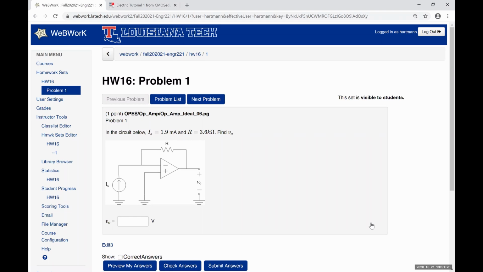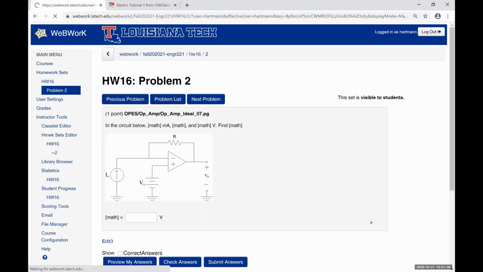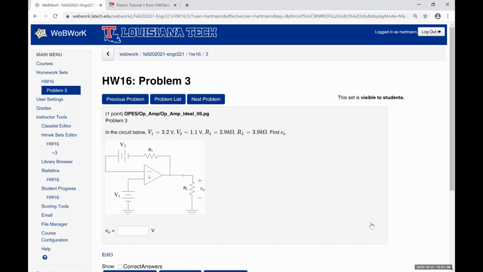Trivial. If we look at our next problem, it's the exact same problem, except that now the voltage present at the non-inverting terminal isn't 0. So we'll find that V out is Vs minus the voltage drop over the resistor.